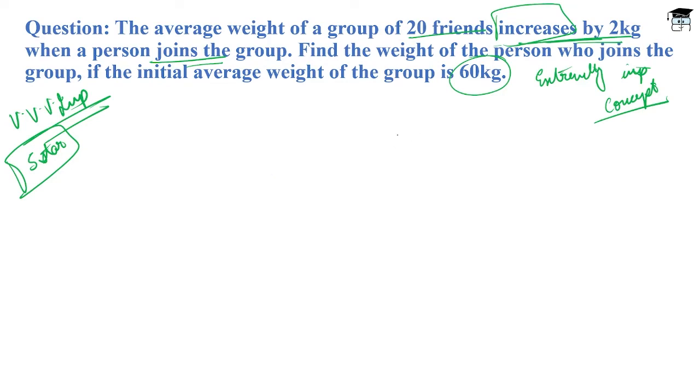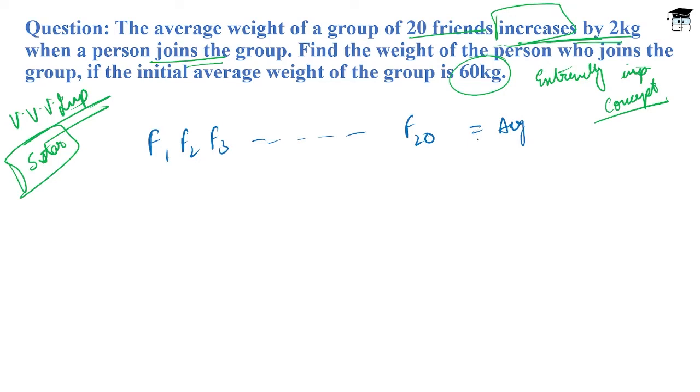All right. So now there are 20 friends, right? F1, F2, F3 until F20. 20 friends. The average weight of a group of 20 friends increases by 2 kg when a person joins the group.